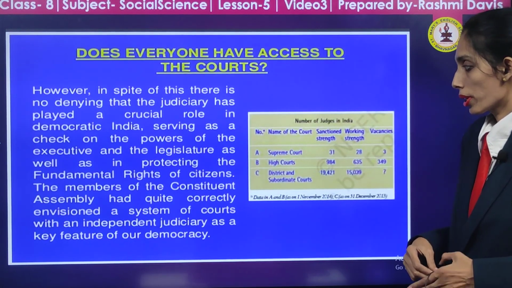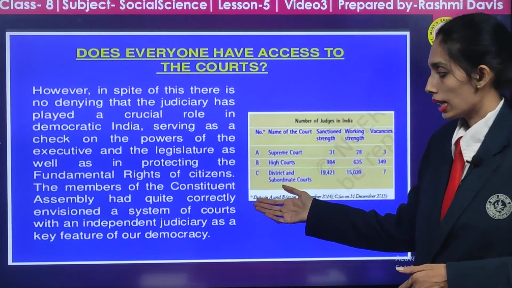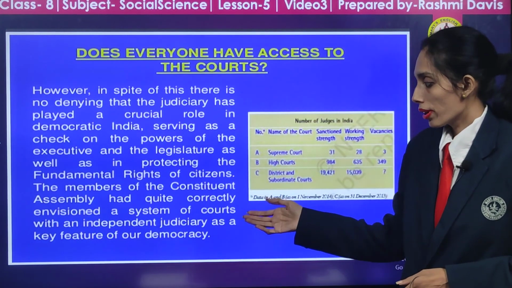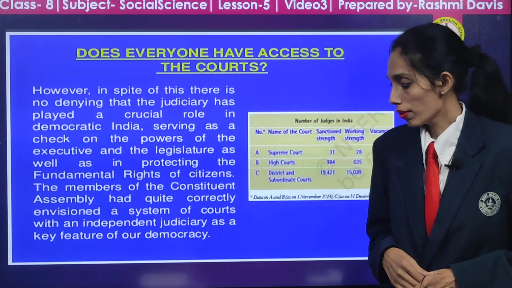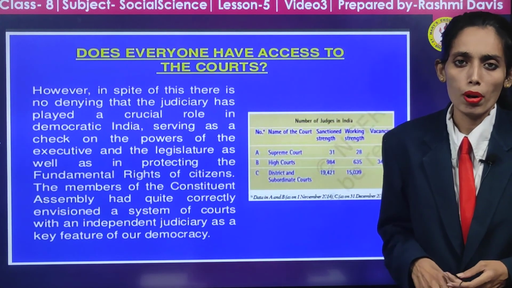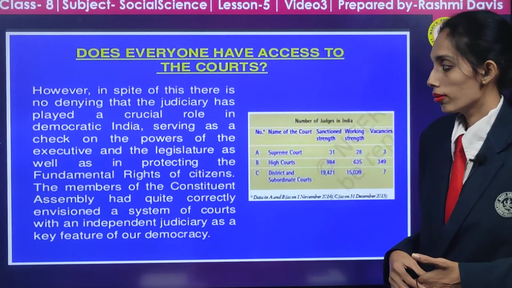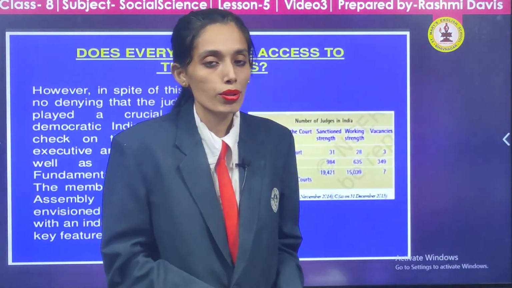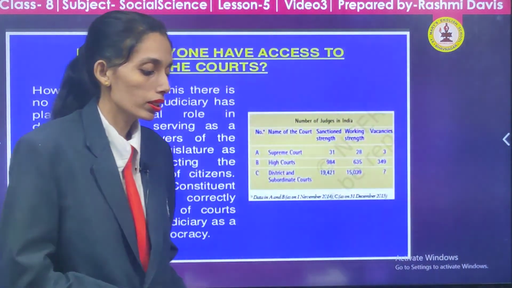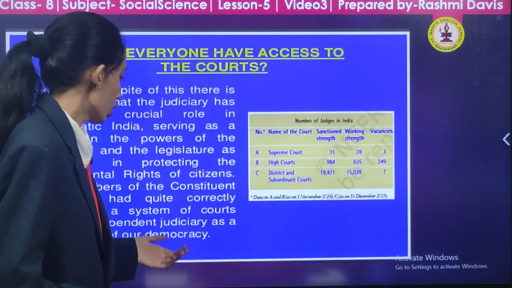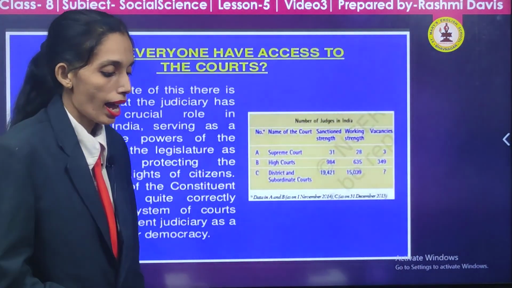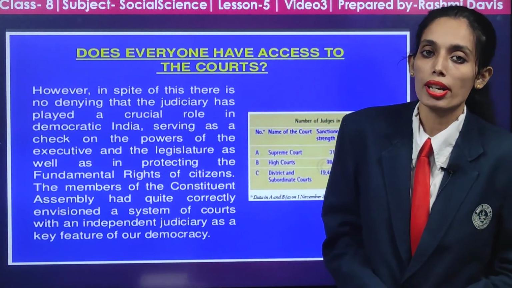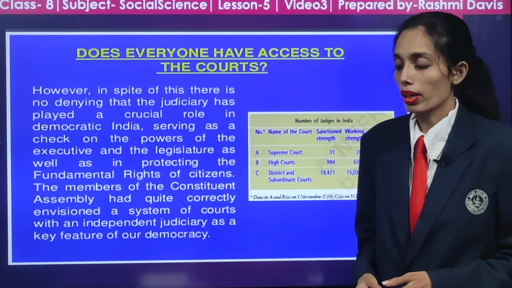Members of the Constituent Assembly had quite correctly envisioned a system of courts with an independent judiciary as a key feature of our democracy. So they had a very good vision beforehand, saying that we have to keep legislature and executive together, whereas the judiciary should be kept independent.